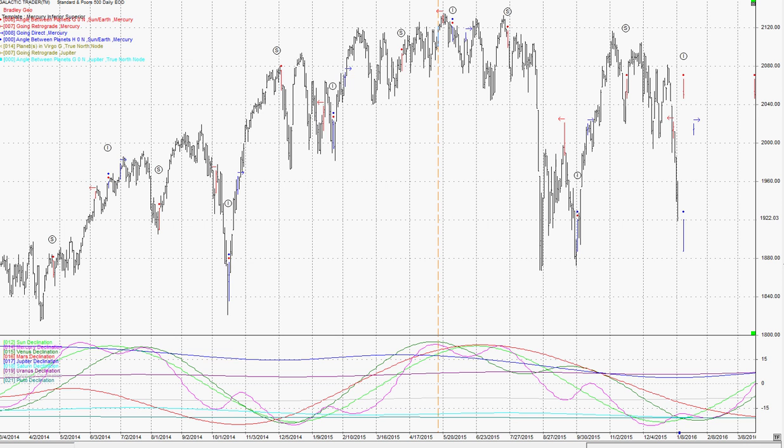Now, that brings up something a little different for both those planets, and that is when they have a conjunction, they can have what's called an inferior conjunction or a superior conjunction. What we mean by that is, in an inferior conjunction, Mercury is in between the Sun and Earth.